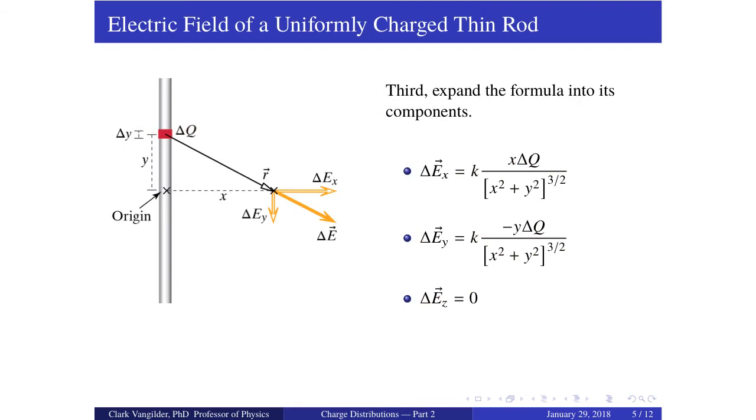I'm not going to labor through the math for the y part, but I would have you note what's different. Well, the y part has a y part. That's a notable difference, but it's still the same chunk of charge Q. That hasn't changed.